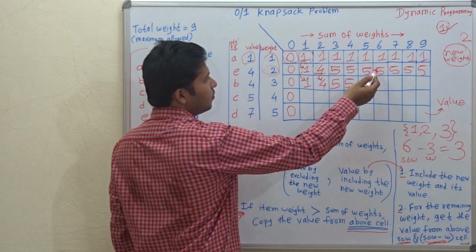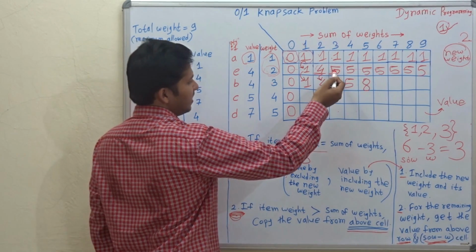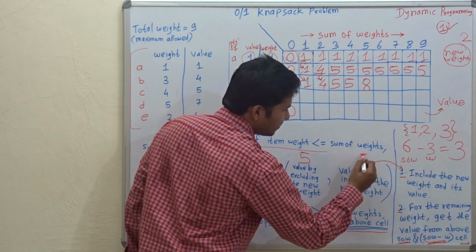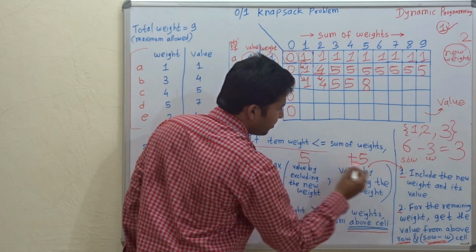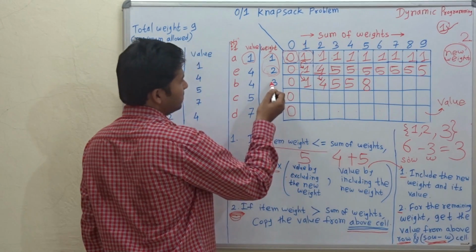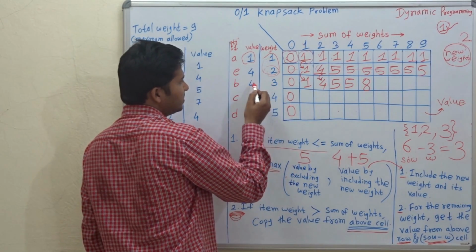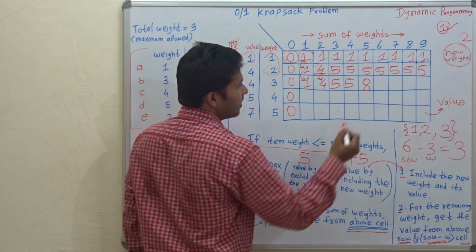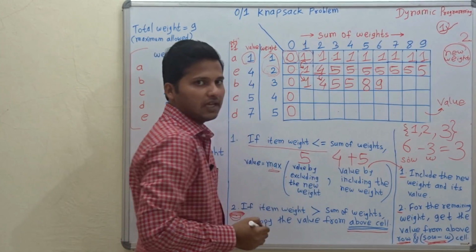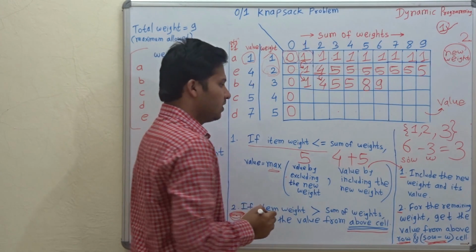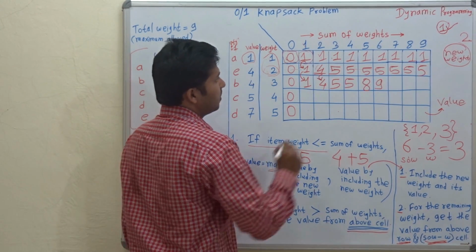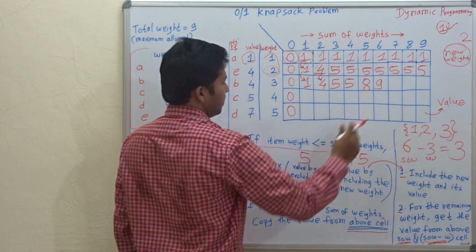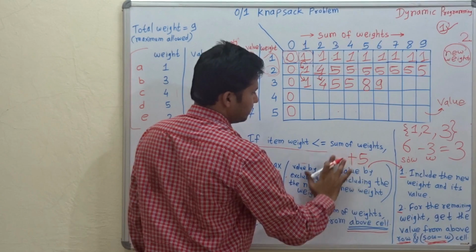So go in the above row and the third cell. So the value is 5. So the value by the second step is 5 and by the first step it was 4. So 4 plus 5 is 9. Max of 5 and 9 is 9. Okay. So now let's go to the next step. So for forming 7, let's follow the steps.